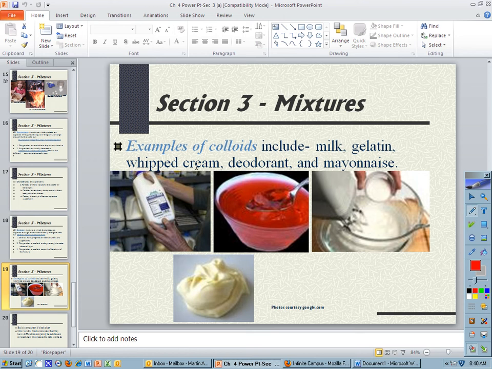It's not listed on the picture. They're just extra ones that might appear on the test, so perhaps you should write them down. Smoke, fog, toothpaste. These are all examples of colloids.